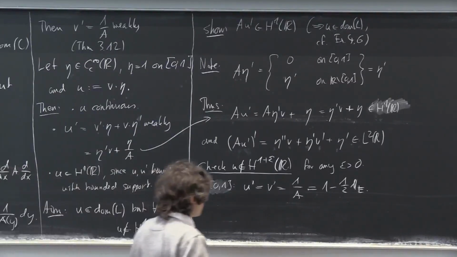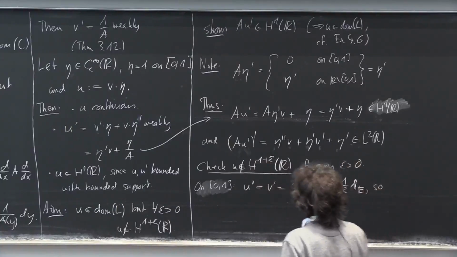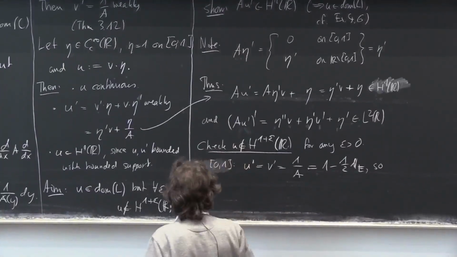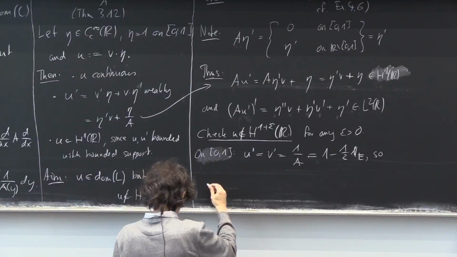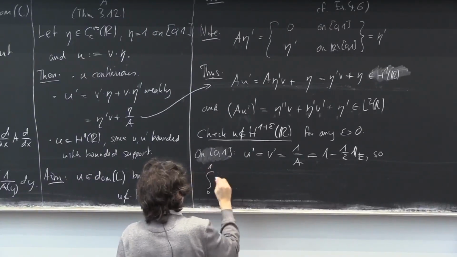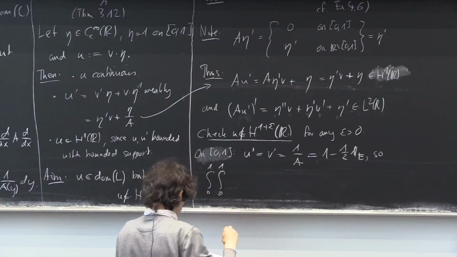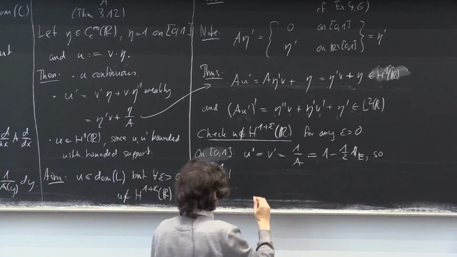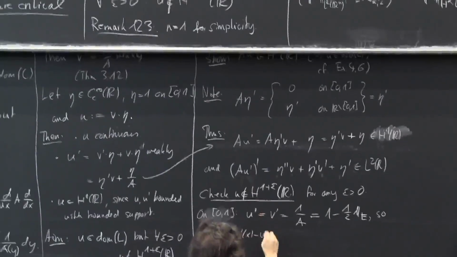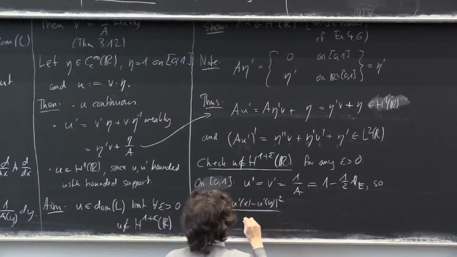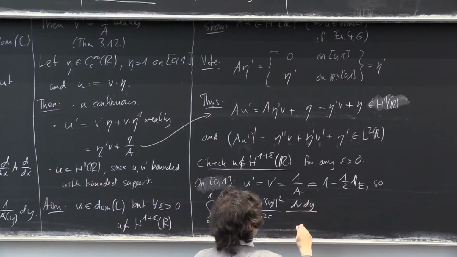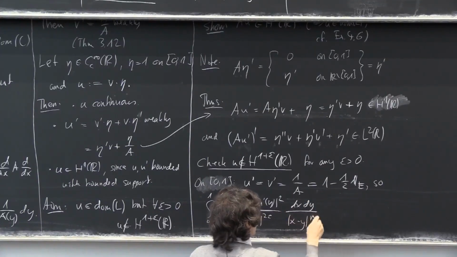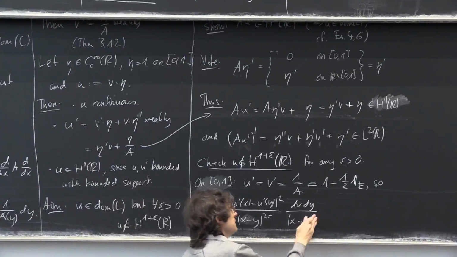Okay. So let's check that this function U prime is not in H epsilon of the interval 0, 1. So look at the integral over 0, 1 times 0, 1 of U prime of x minus U prime of y squared divided by modulus x minus y to the 2 epsilon, integrated with respect to the measure dx dy over modulus x minus y to the n. N is 1 here.